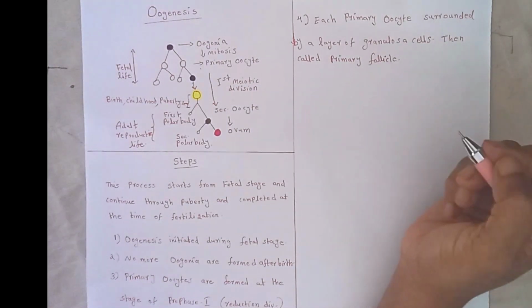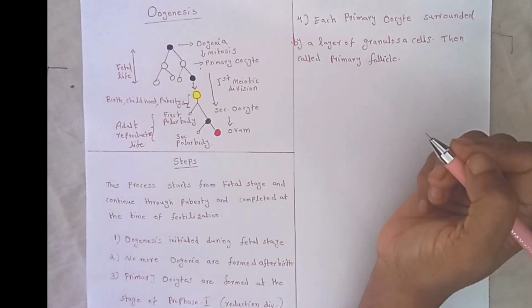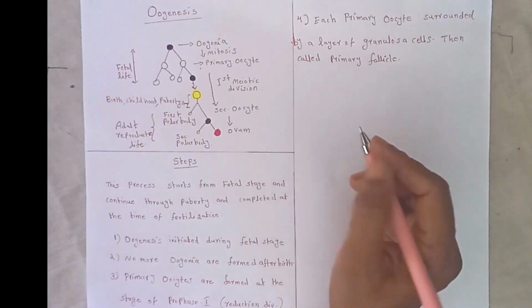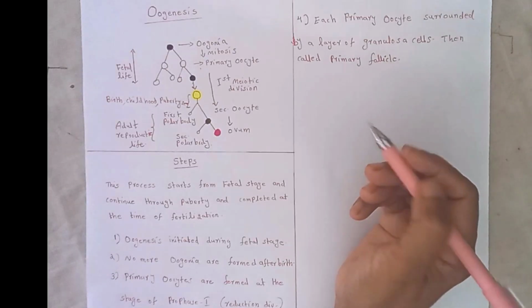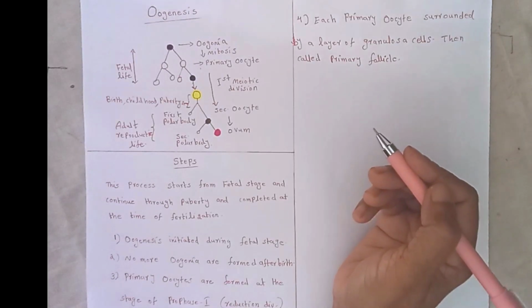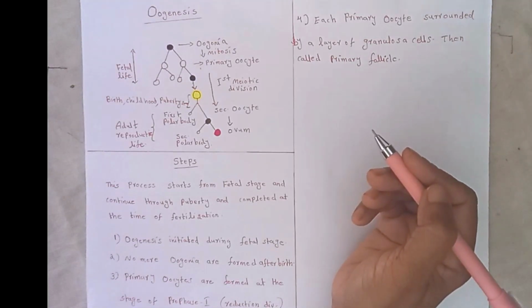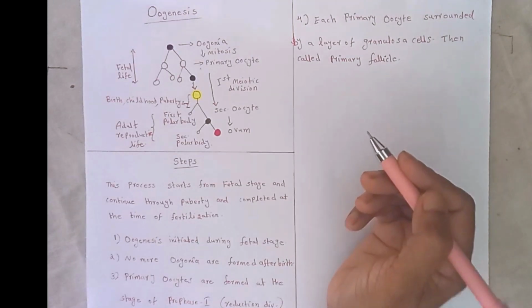A number of follicles degenerate before puberty. A number of such follicles degenerate or perish before puberty, that is at the phase of adolescence.